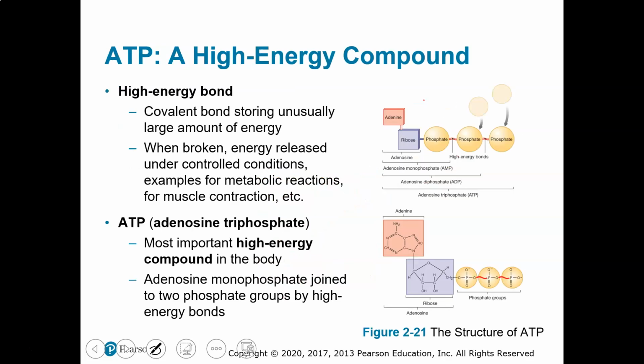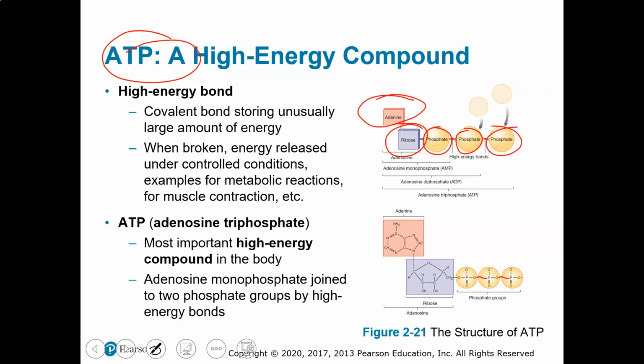All right, we have another compound that's very important. It's ATP. Our cells use ATP for energy. ATP is a combination of adenine, just like you saw in the DNA, ribose, that pentose sugar, like you saw in RNA, and then three phosphate groups.